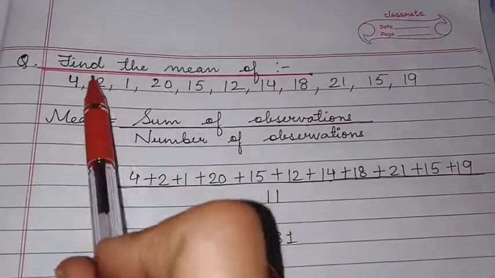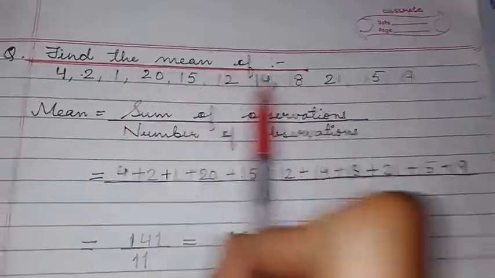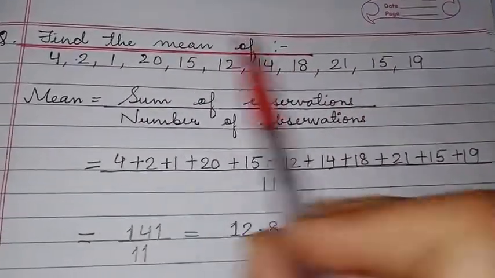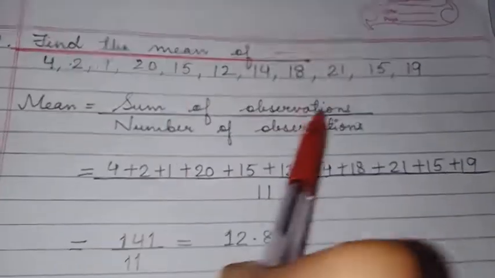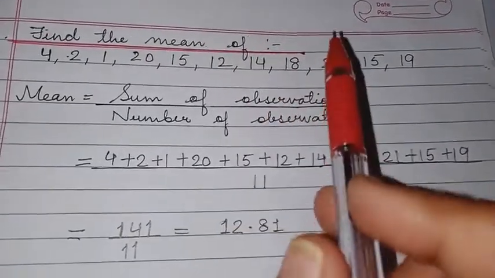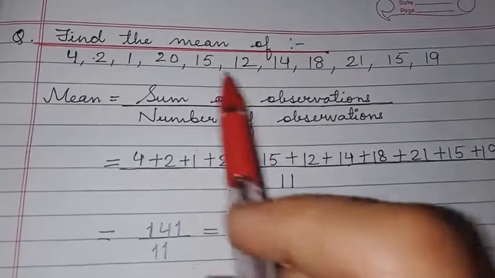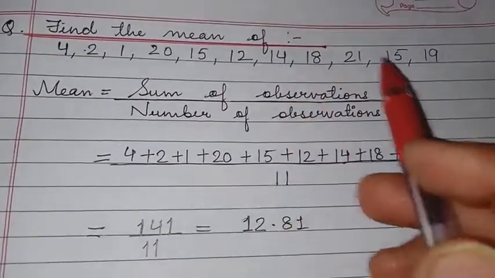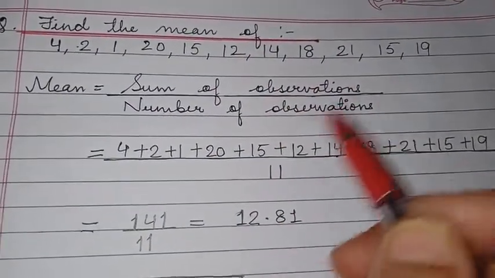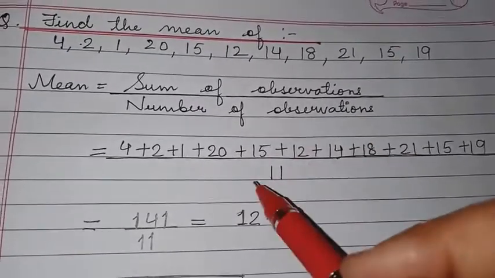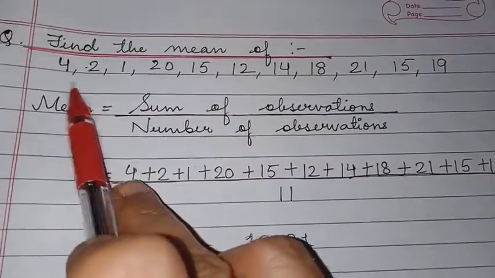Now the question: find the mean of the following. This is a very general question. Only the observations are given, and you have to do the same thing we did in the last two examples. Nothing is said about the first 5 natural numbers, the first 10 whole numbers, or even or odd numbers. Directly observations are given.